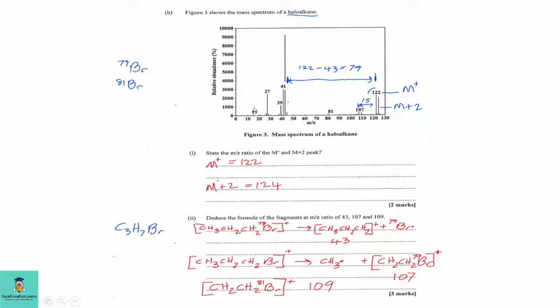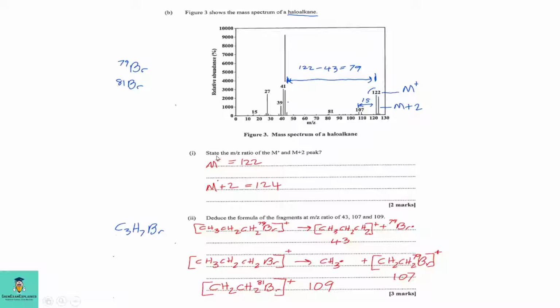We have a line at 15, we have one at 27, we have one at 39, 41, and here we have 81, 107, one at 122, and of course, this is at 124. So this is the mass spectrum of the haloalkane or halogenoalkane.